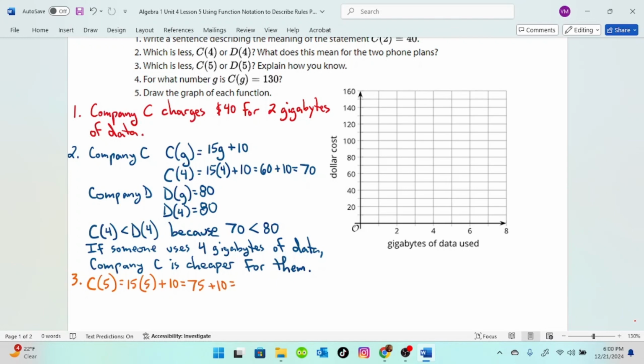And 75 plus 10 is 85. D of 5 equals 80. Therefore, D of 5 is less than C of 5 because 80 is less than 85.